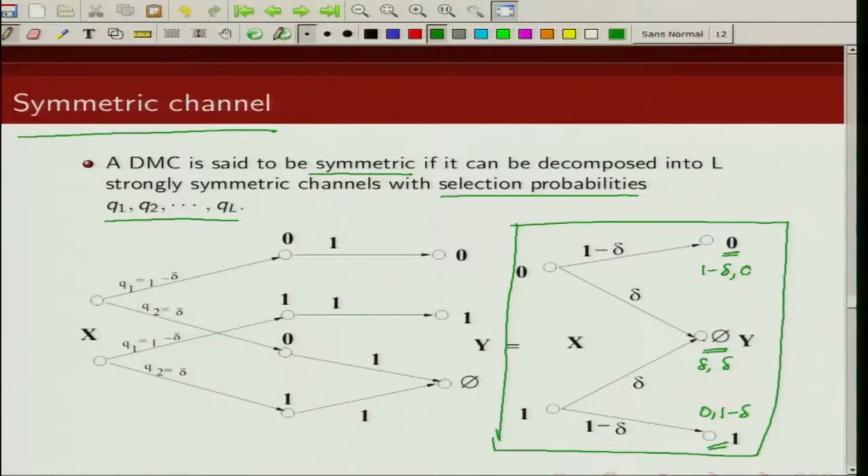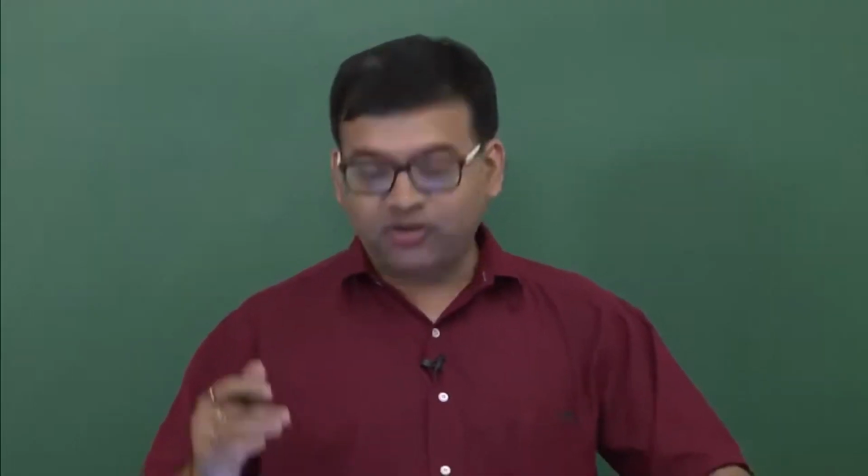So if I consider this particular state, which I call the erased state, my probabilities are different from the other outputs. So this is not a uniformly focusing channel, even though it is a uniformly dispersive channel, because if you look from the input side, these transition probabilities are 1 minus delta, and this is 1 minus delta, delta. This is a uniformly dispersive channel, but it is not a uniformly focusing channel.